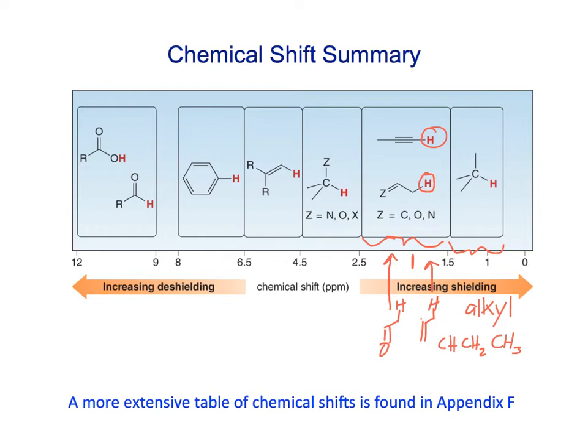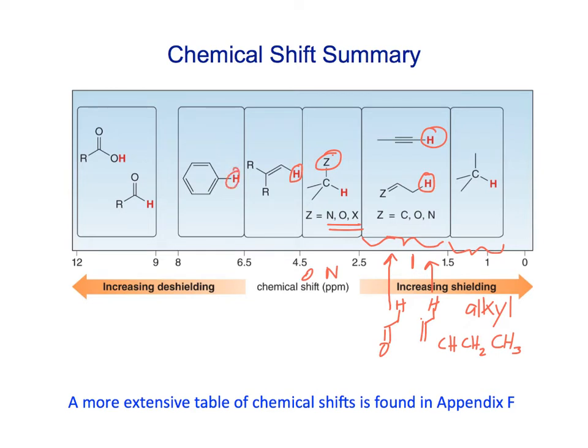The next series of groups are the examples that we already saw, where we put some electronegative atom on the carbon that's bearing the proton. And we saw the trends there. It goes more to the left side, to the downfield side, the more electronegative that group is. Okay, so oxygen would be more on this side, nitrogen somewhere in here. The halogens would spread over that range. The next ones are protons on double bonds.